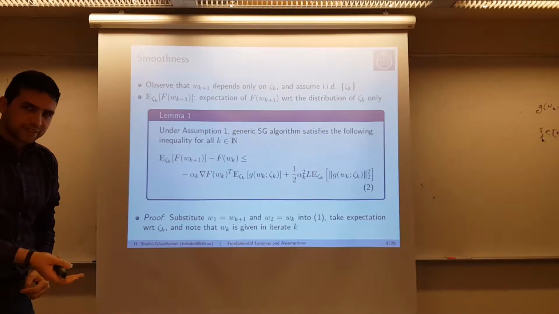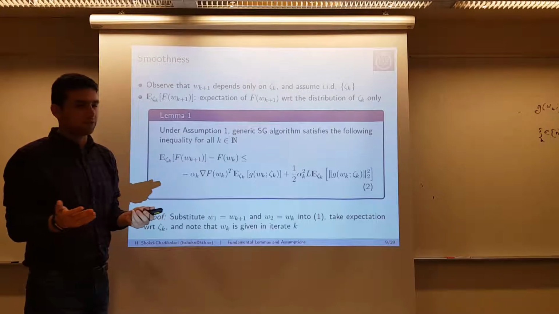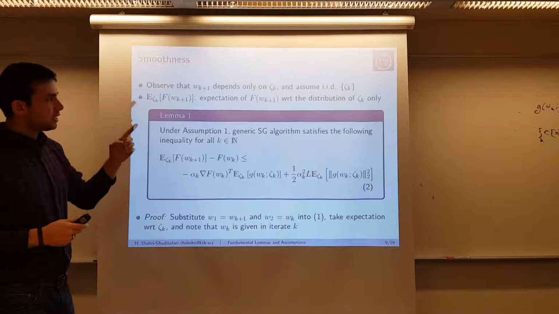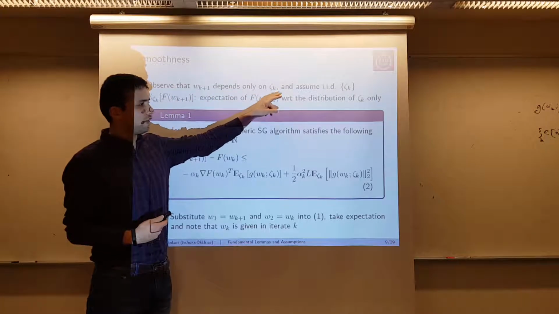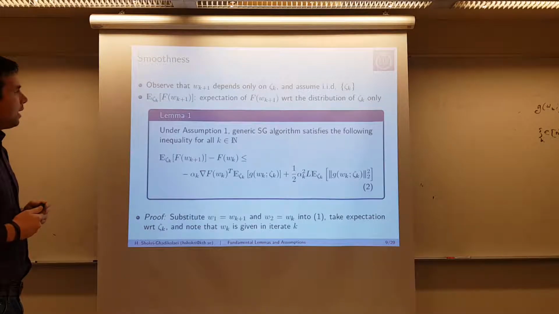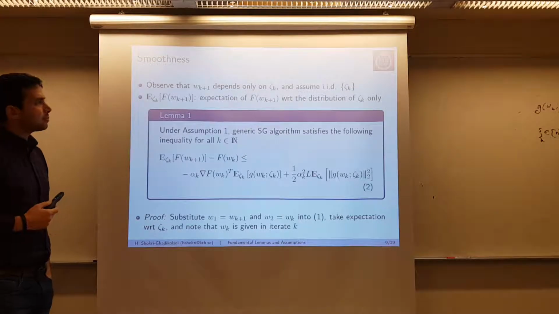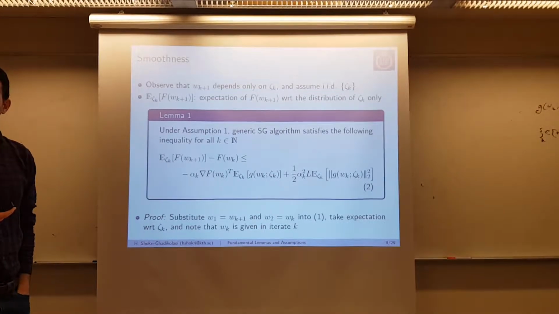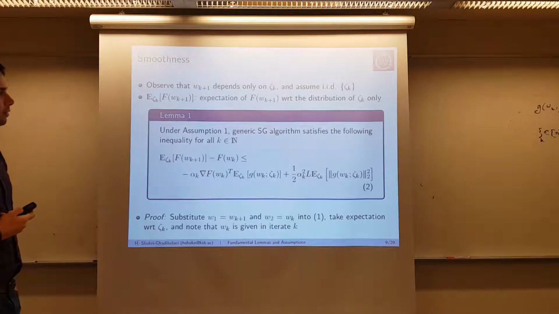And for the sake of simplicity of the analysis, it doesn't need to be in the heart of the algorithm, assume that the realizations of these random variables zeta k are IID. Now, what is this? This is the expectation over the distribution of zeta k of f of W k+1.